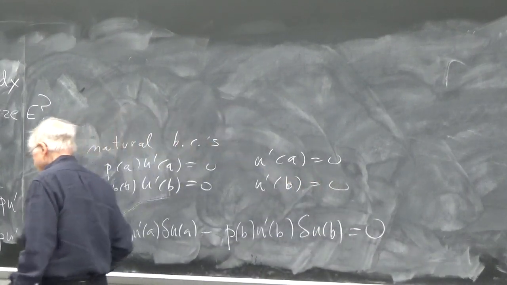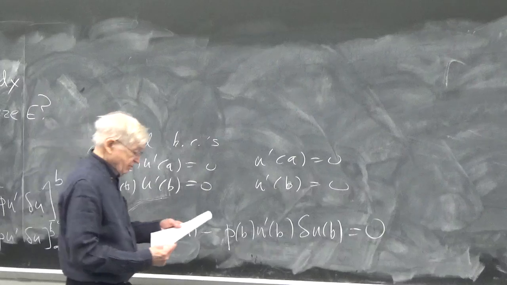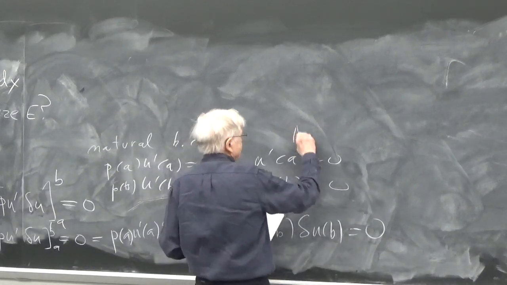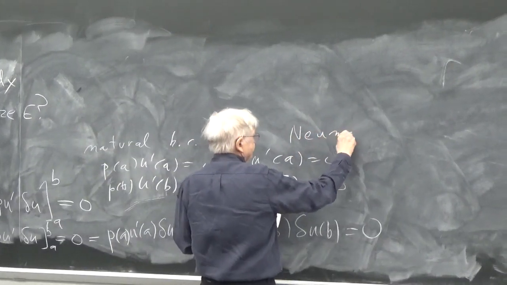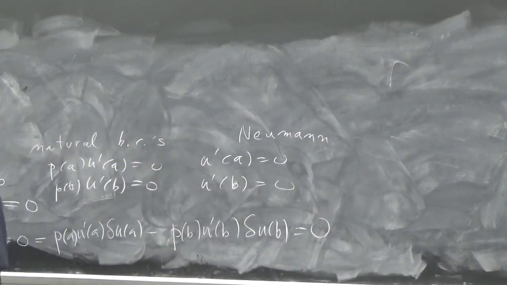So assuming that the P's don't vanish at the endpoints, then the natural boundary conditions imply what are called Neumann boundary conditions. So there are two sets of boundary conditions, the Neumann ones and then the Dirichlet ones.